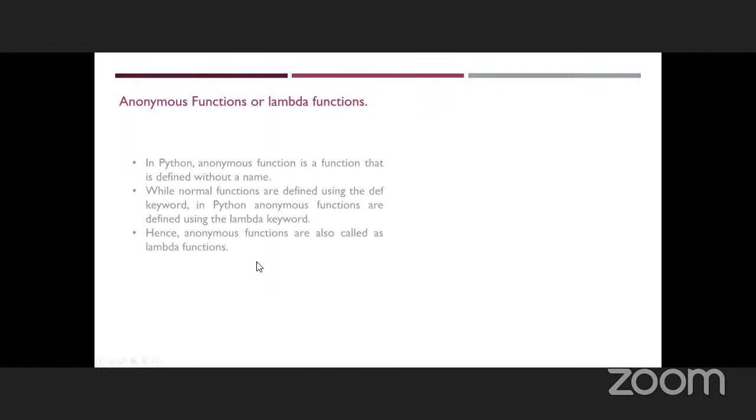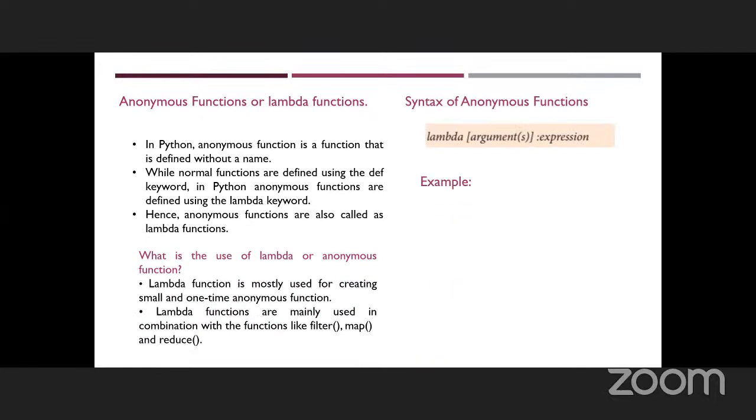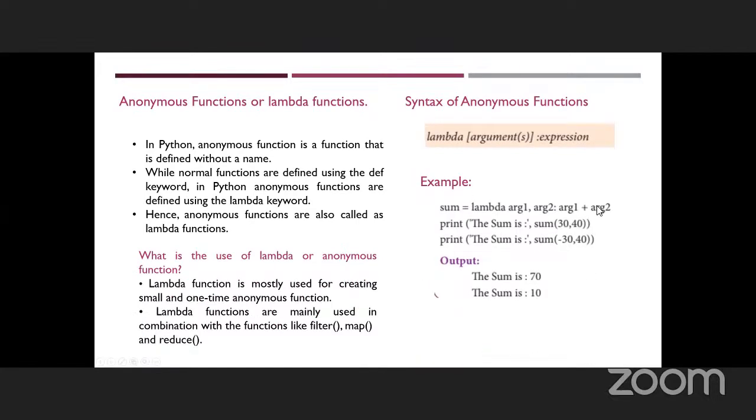Here in the lambda function we are using arg1 plus arg2, adding the values of arg1 and arg2 and producing the output in sum. Then the print will work after this. I will explain in this code.